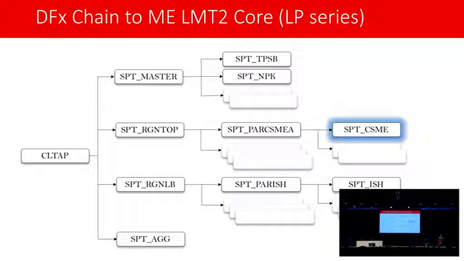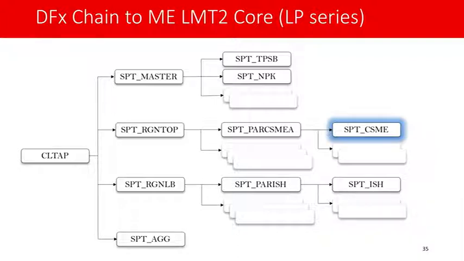For example, on the slide you can see the internal structure of the LP series of PCH. It is the U series of CPU, and the SL tab is divided into 4 parts, and on top are connected parts SME and ME Core.